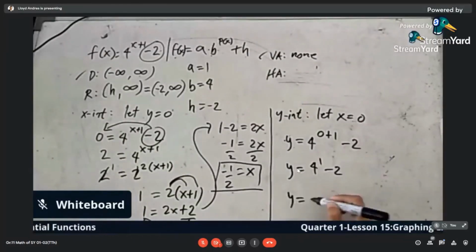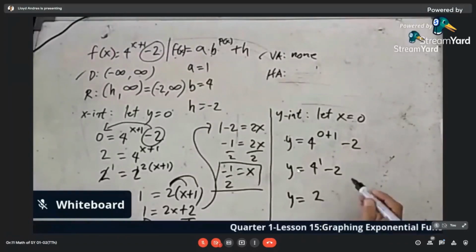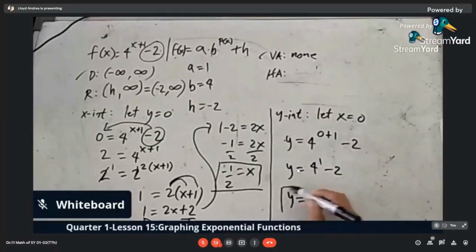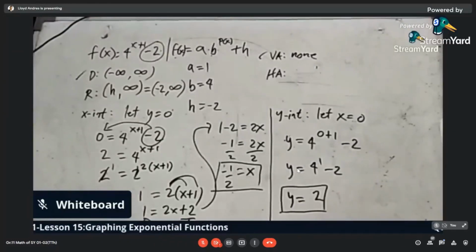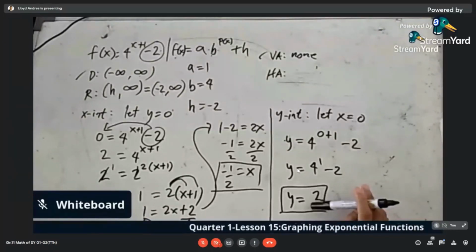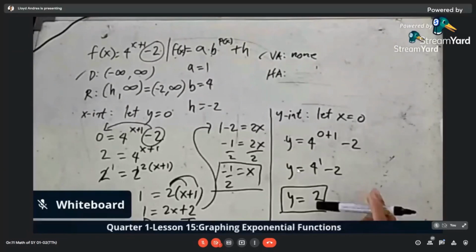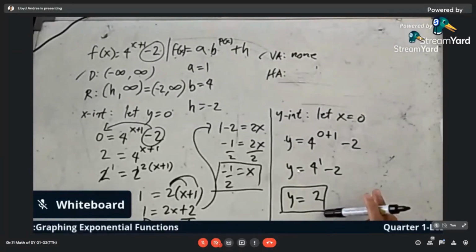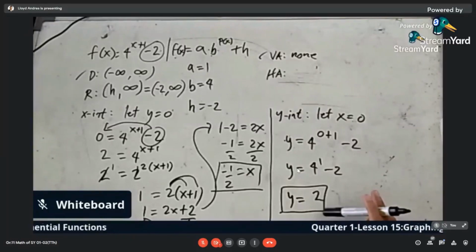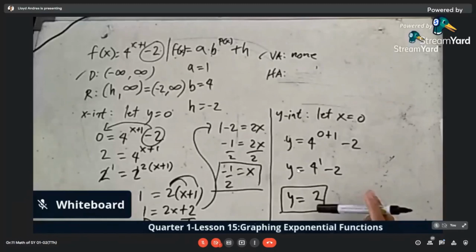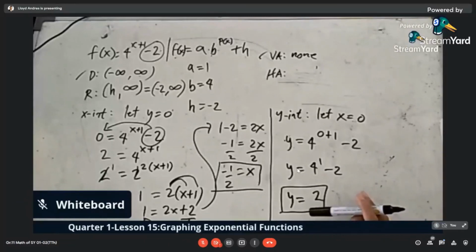So y nimo is 2. So this is now your y-intercept. Unsay pasabot aning y-intercept? Pasabot ang imong graph moagi sa y-axis at 2 na point. Okay na. X-intercept and y-intercept.